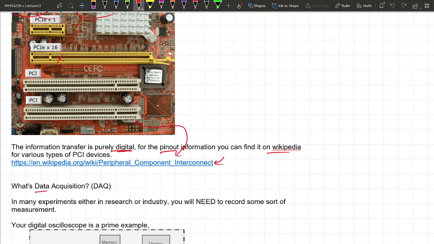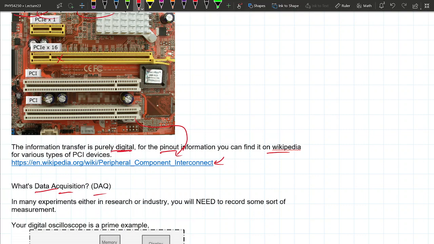And this brings up a slightly different idea, unfortunately the naming is so similar, called data acquisition. Data acquisition is a more general term compared to analog to digital converters and digital to analog converters. Hopefully it makes sense what it sounds like: you have data, you acquire it, right? It's a system that allows you to bring some information and record it on a computer.